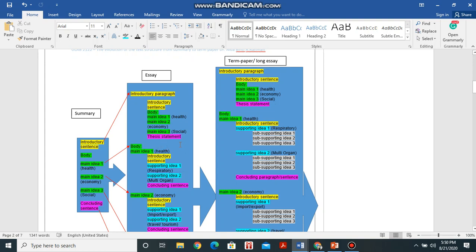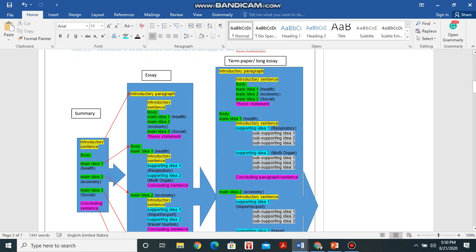Right. Notice, I want you to take a look closely at the body or the main idea. Look at main idea number one, effects of COVID-19 on health. So here, do you notice that I have added one more section which I label as sub-supporting idea.